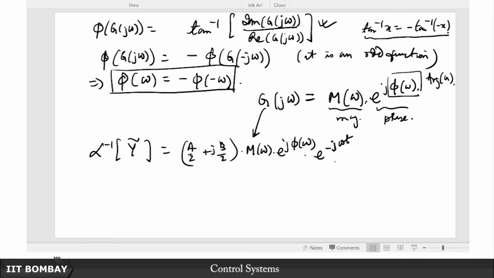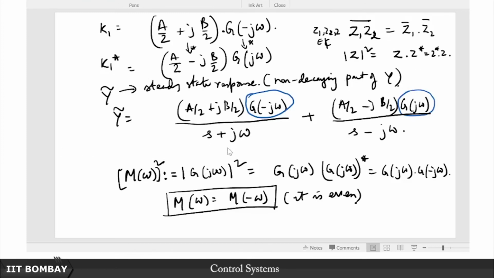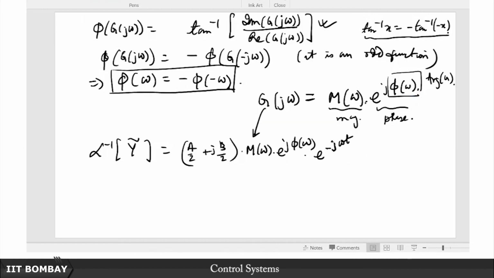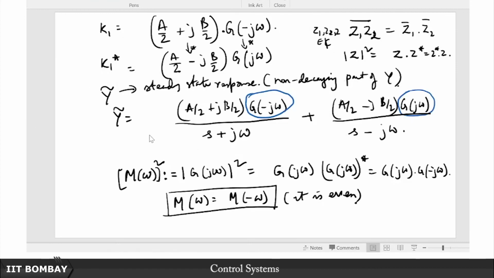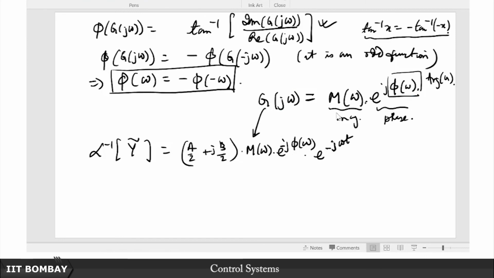Oh, this is the minus sign, I am sorry about that, so I should actually replace this with a minus sign here, because remember this first term here had g of minus j omega. So g of minus j omega is of course the m omega remains the same, but the phi gets inverted in the sign. Good I noticed it early.